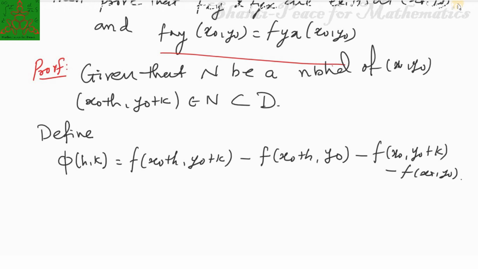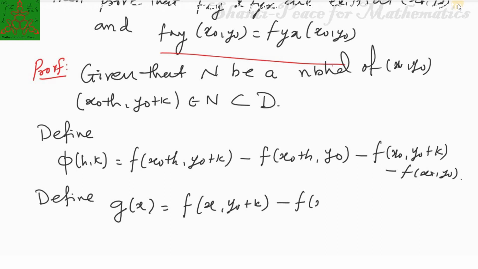Now I am defining another function of one variable, g(x) = f(x, y0 + k) − f(x, y0).